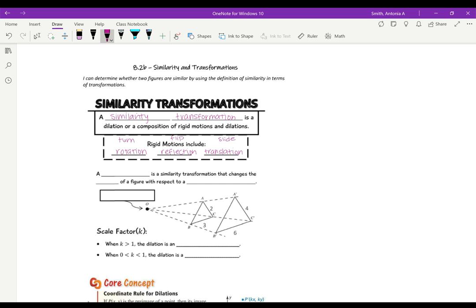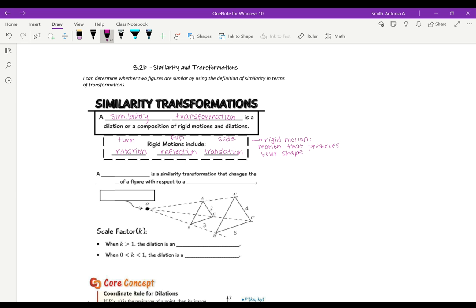So these are rigid motions, and a rigid motion is a motion that preserves your shape. So you are not changing your shape at all, you're just changing where your shape is at. You're still having the same shape, you're just moving it around.